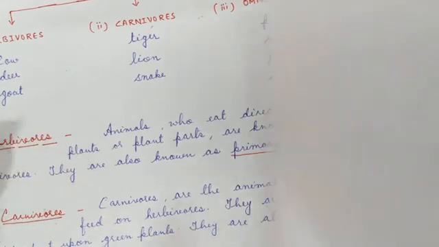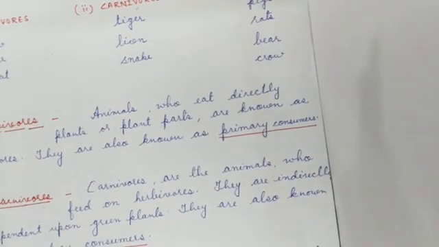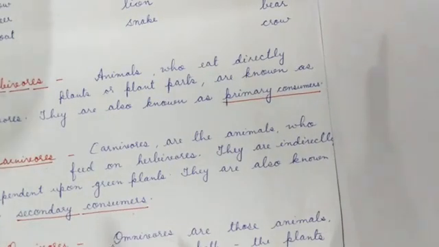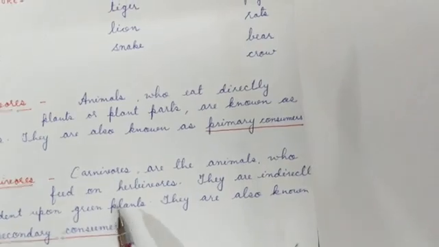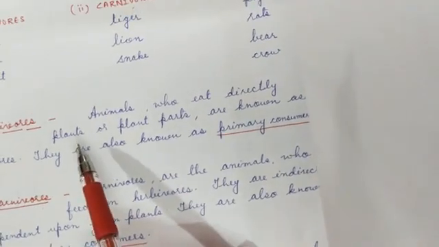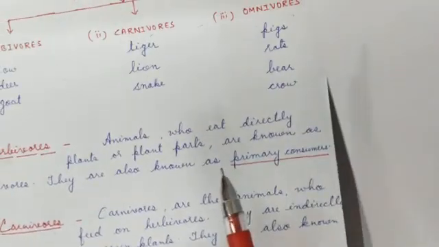And that is why they are also known as secondary consumers, because they are dependent on herbivores who are dependent on plants.